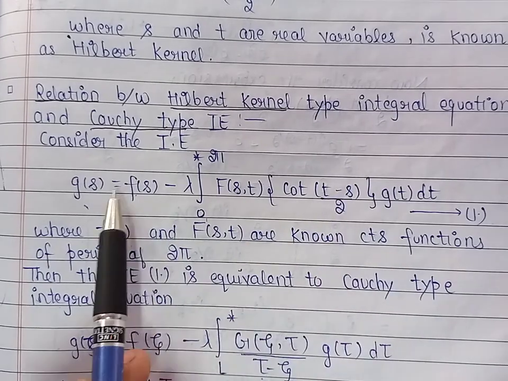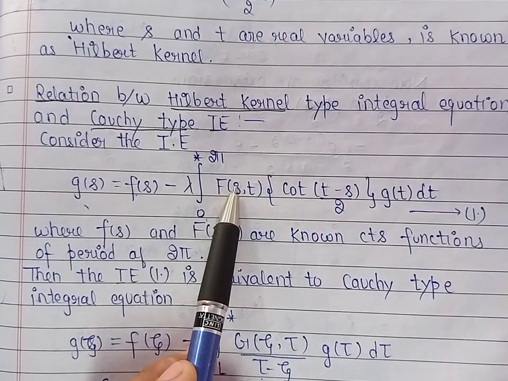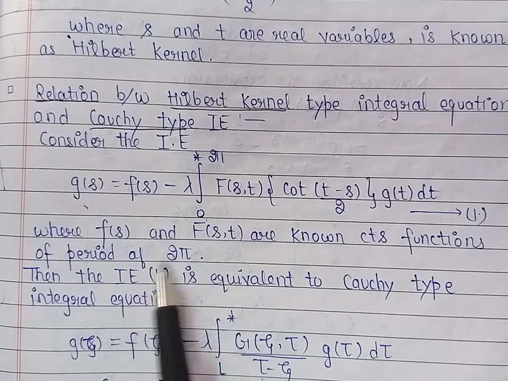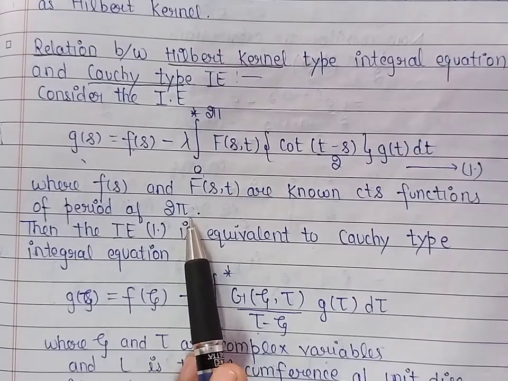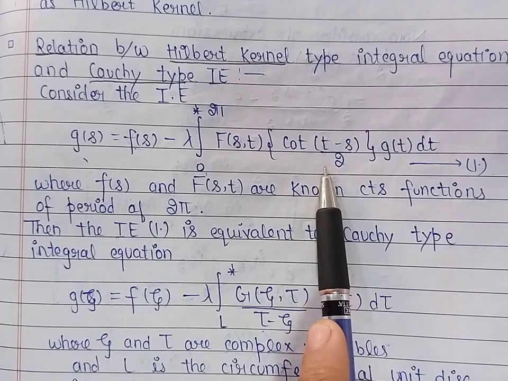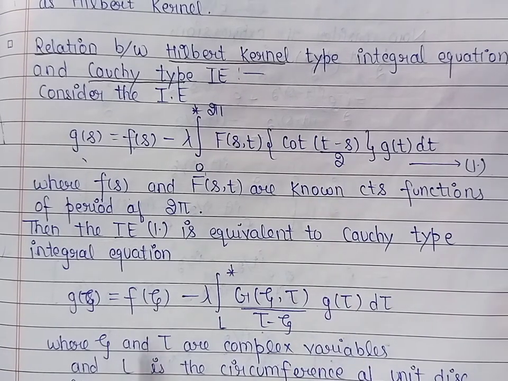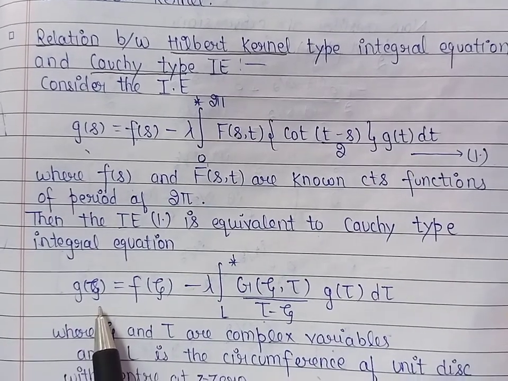Here the function f(s) and the function f(s,t) are known functions and these are continuous functions of period 2 pi. Now we show that this integral equation is equivalent to the Cauchy type integral equation, which we already discussed.